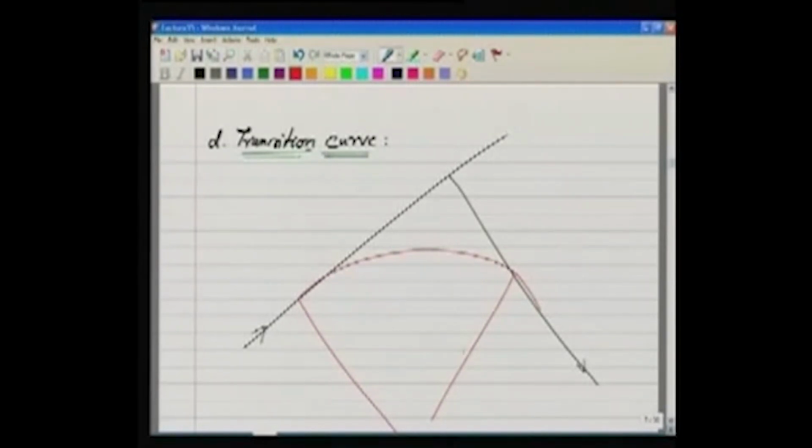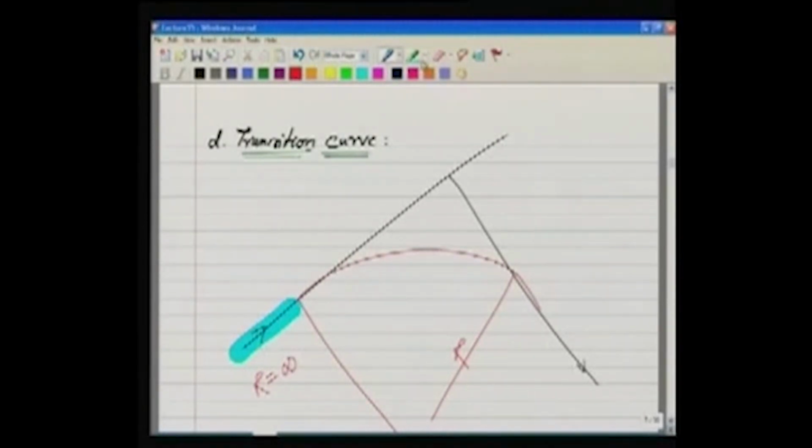and the radius is R. Now over here, if I highlight it, along this road, when you are traveling in your vehicle, the radius R is infinite.